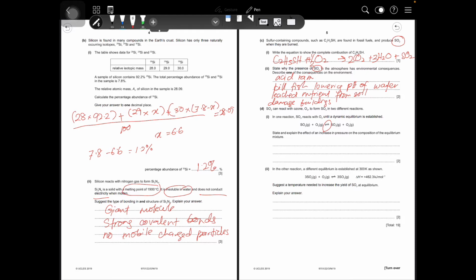According to Le Chatelier's principle, when there is an increase in pressure, the equilibrium will shift to the side with a lower number of gas particles. However, as we can see here, the left hand side and the right hand side have equal moles of gas particles.